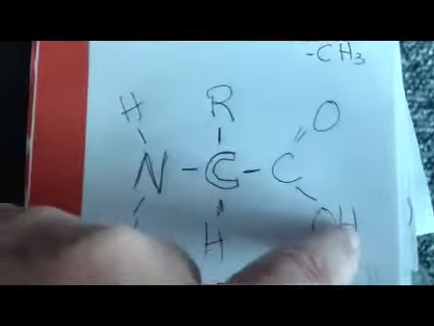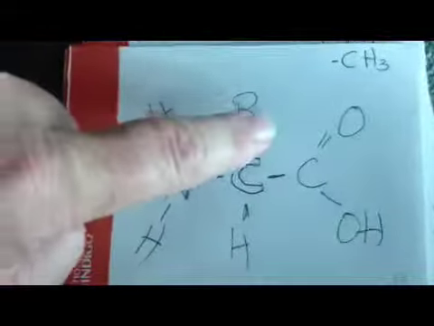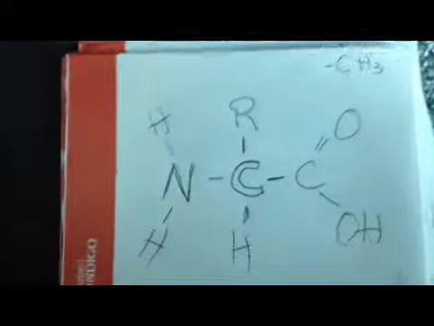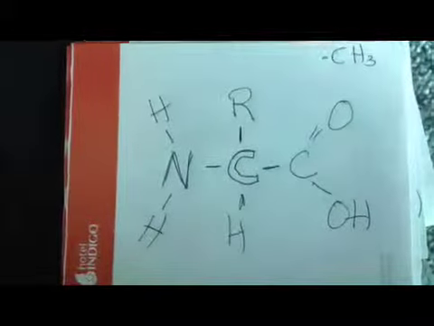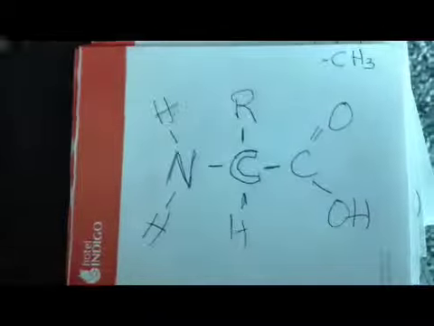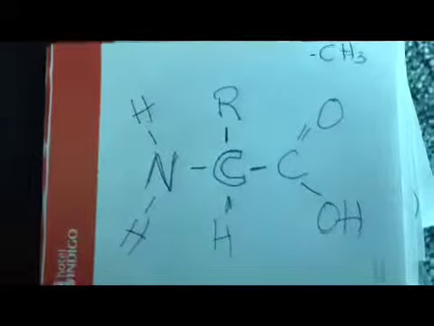And it has a carboxyl group, the double bonded oxygen with the hydroxyl. And at the top it has what is called a side chain, signified by R. There are 20 amino acids, and in these 20 amino acids, each R is different. In this case, you might have a methyl group for this R, and you have what is called glycine.